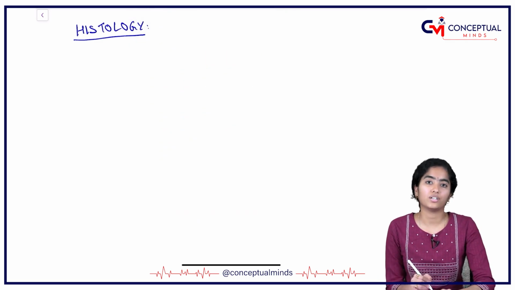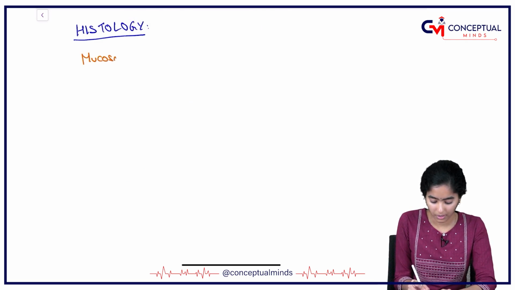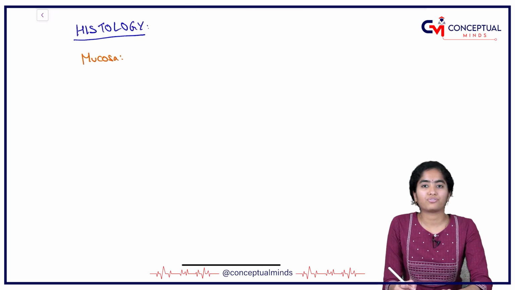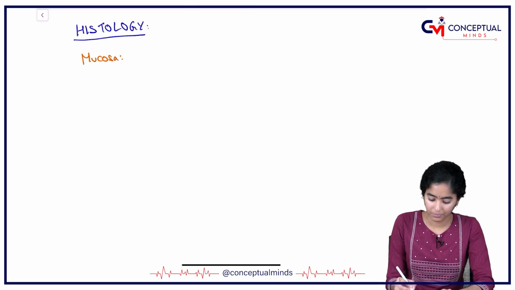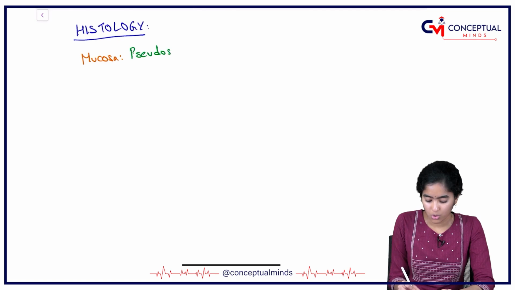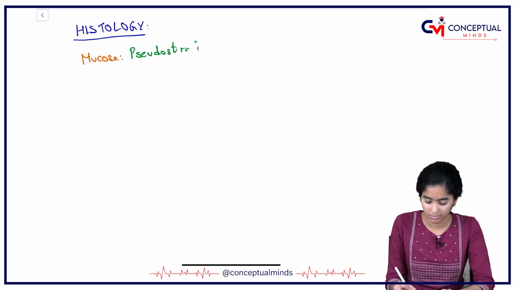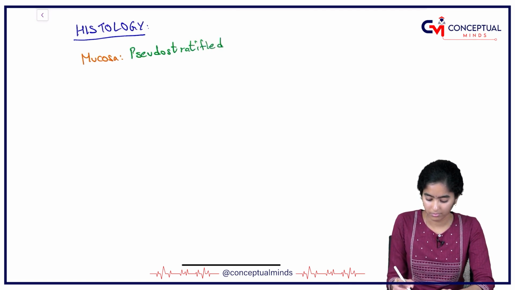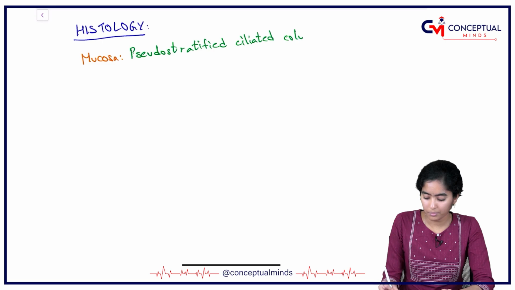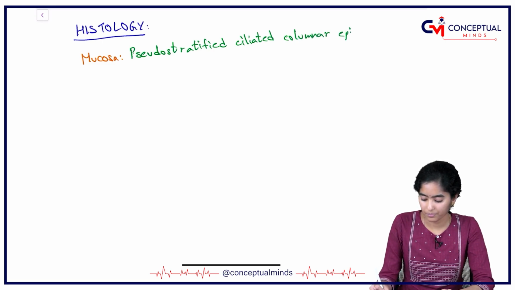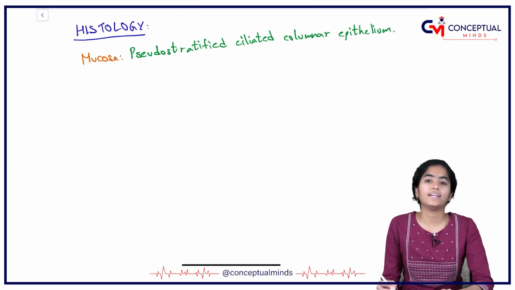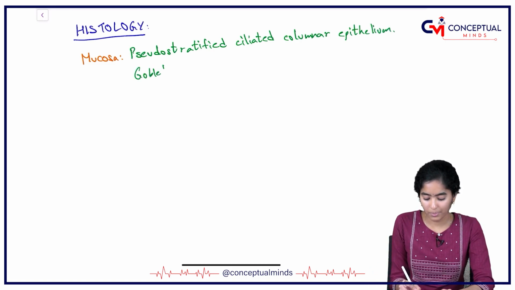The innermost layer of Eustachian tube, the mucosa, is lined by pseudostratified ciliated columnar epithelium, and in between the epithelial cells are interspersed goblet cells.